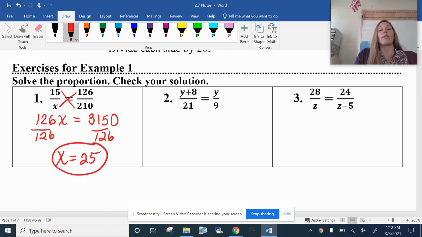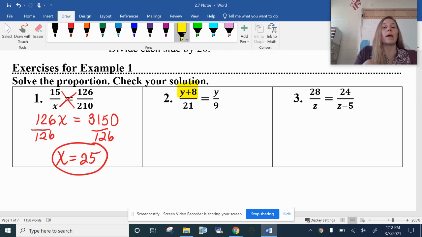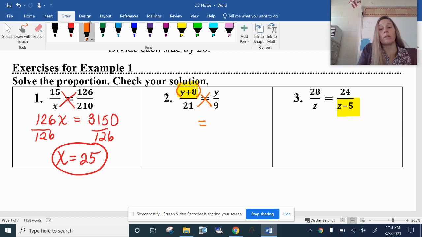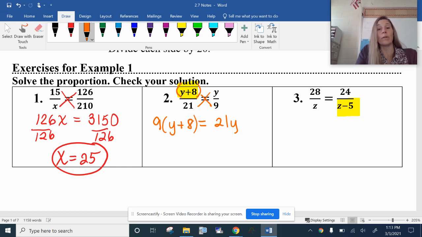Now, number 2 and 3, you'll notice that you have these binomials here. And a binomial is two terms that are separated by an addition or subtraction sign. So you're going to have to put those in parentheses when you do your cross multiplying. So on one side of your equal sign, you will have 21y. And again, it doesn't matter which side you want to put that on, the left or the right. And the other side, you're going to be multiplying 9 times the expression y plus 8, so it's going to go in parentheses.